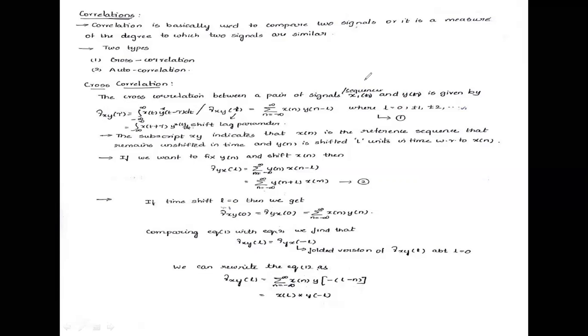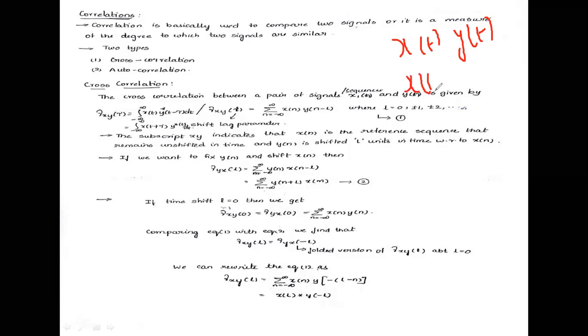What is the formula? I already told there are two signals. How can we compare the two signals? The two signals are x of t and y of t. One signal is shifted with respect to the other signal.